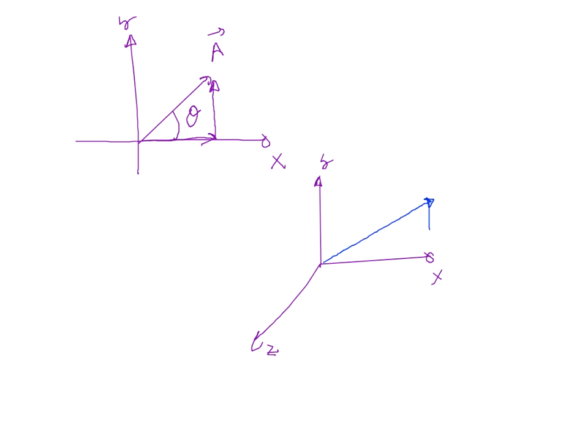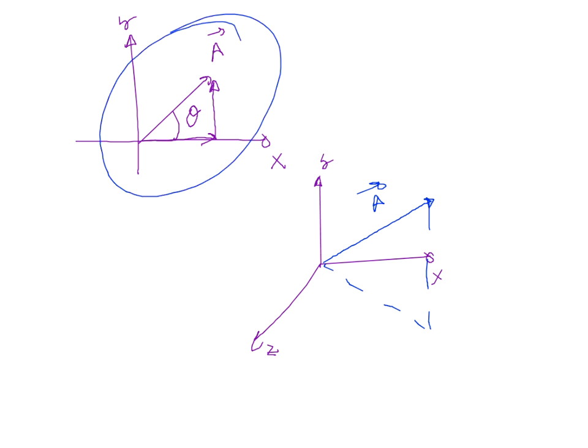And your vector A is here. Yep. How would you apply trig? How would you express the AX component, the AY component, and the AZ component? Do you need more than one angle? Or can you get away with one?